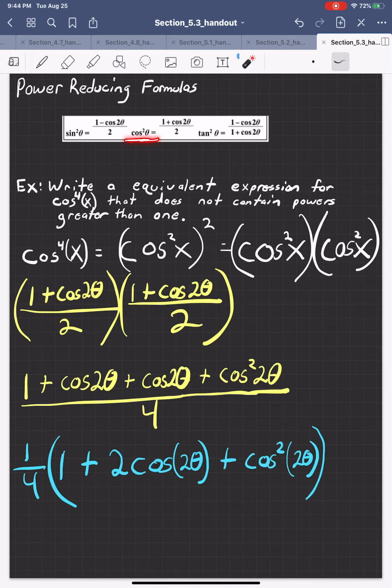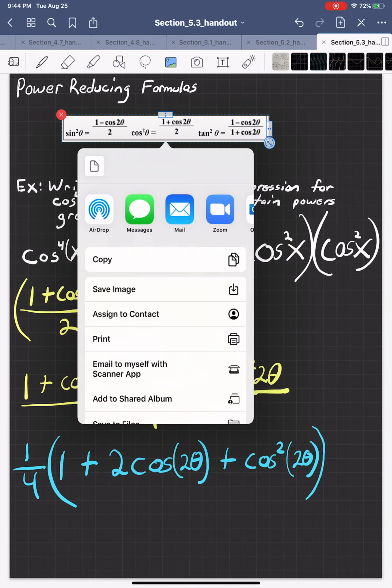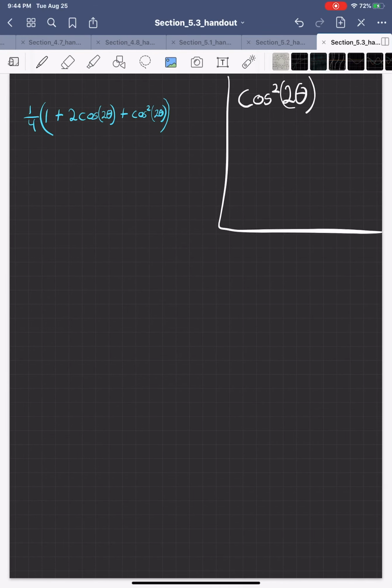I have a formula for cosine squared, right? I have a power reducing formula. Let's go to share, let's copy, let's take this along for the ride.